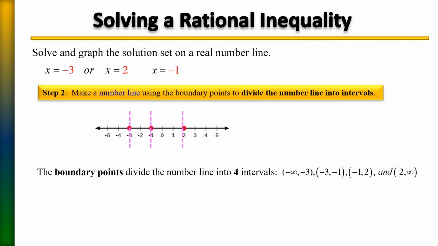So we're going to be testing 4 different values for this particular one. All right, so let's go ahead and move to the next step of choosing a point within each region and test it out so that we can locate our solution set.